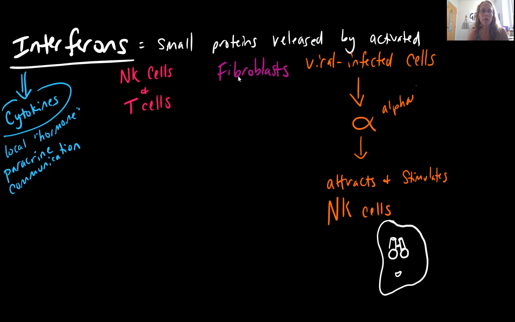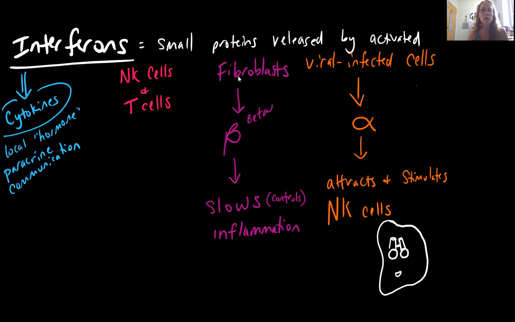Fibroblasts are present at areas of injury because they're helping to rebuild that tissue. So here we see fibroblasts releasing beta interferons, and this will actually slow down inflammation in that area, controlling that inflammation because now we're ready for some repair. So this is a way of having a feedback mechanism on inflammation.